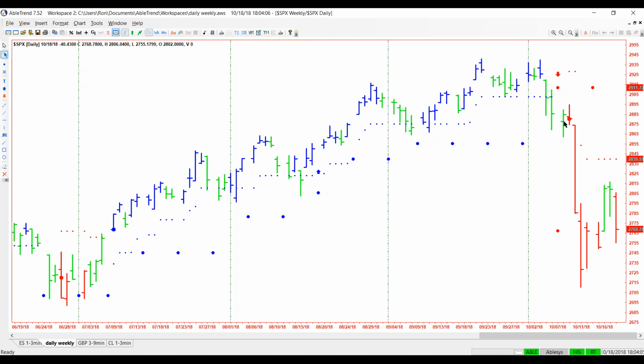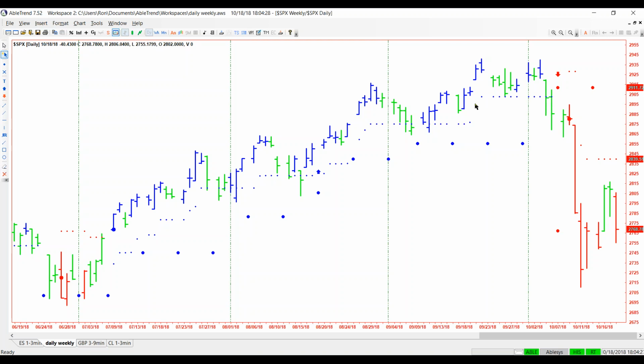Anybody using this for longer term positions would have been stopped out actually about 2 weeks ago here, because the stop loss goes at the second lower blue dot right there. So we'd have been stopped out right there. Second lower small blue dot under the price. When the price was here, there's the blue dot stopping it from going lower. That's the hidden support.